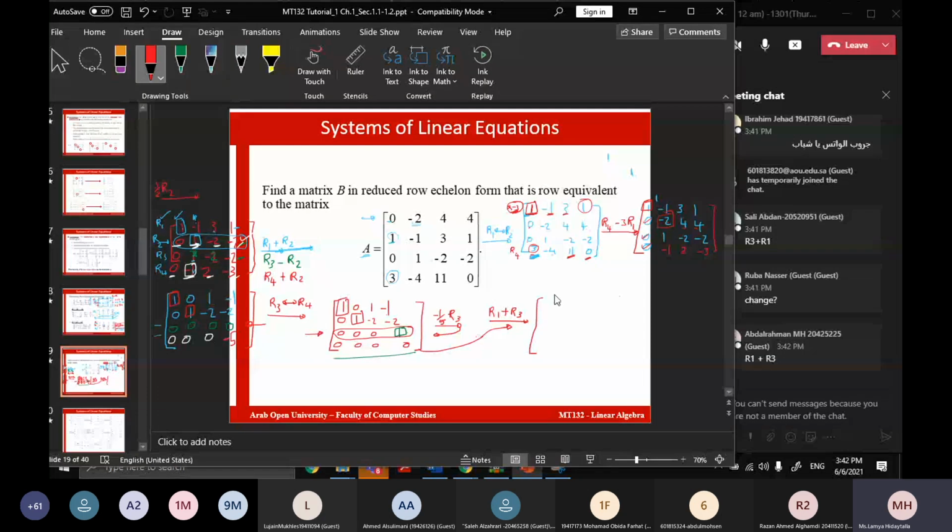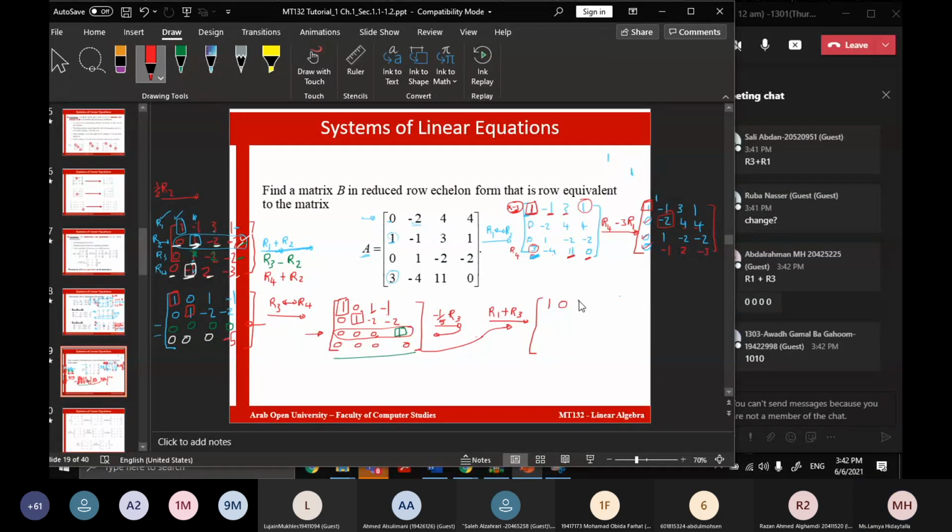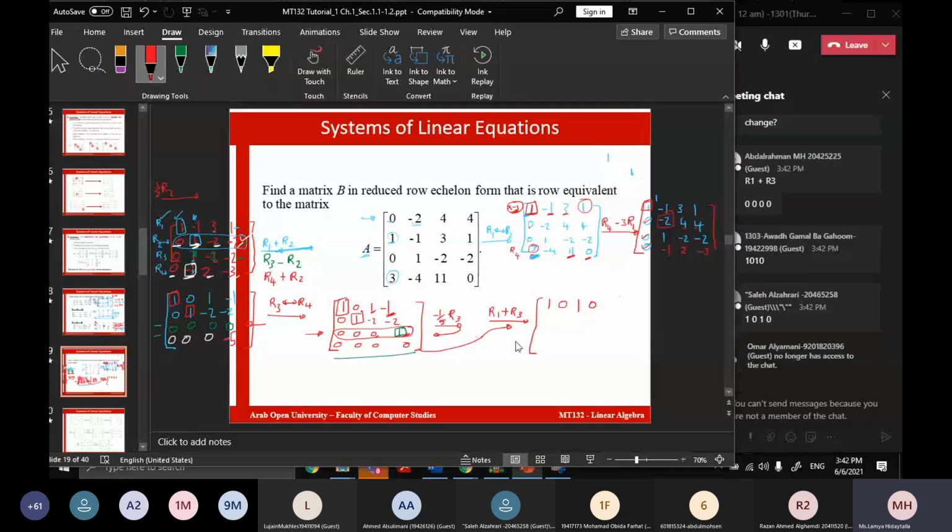Tell me. I am changing R1, so I add: 1 plus 0 is 1, 0 plus 0 is 0, correct, 1 plus 0 is 1, minus 1 plus 1 is 0.